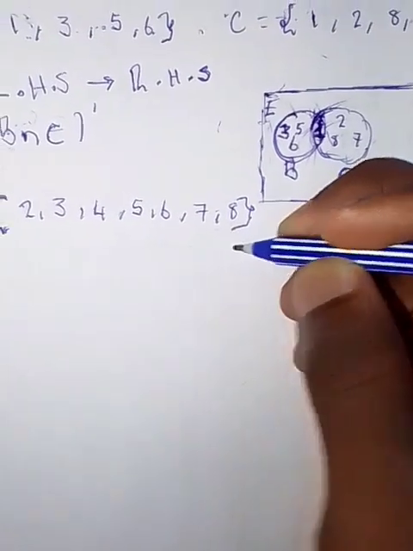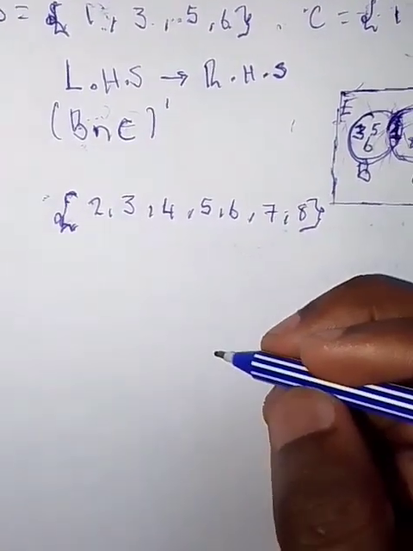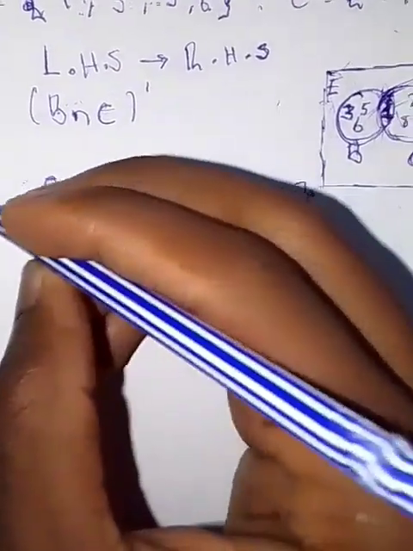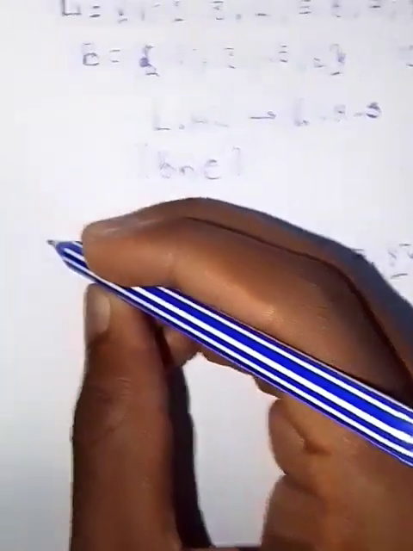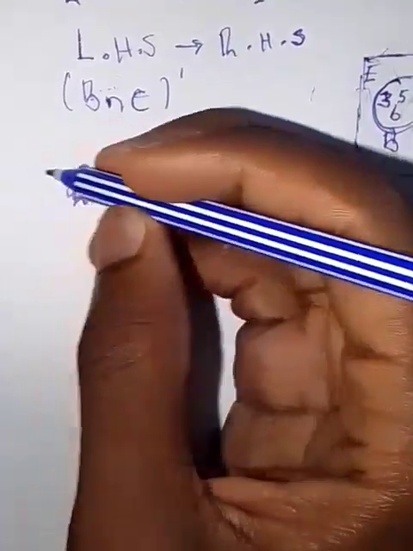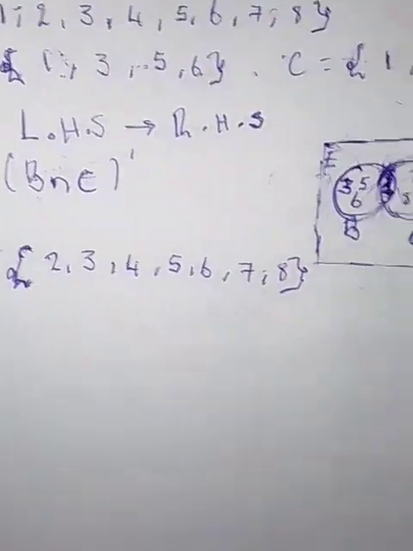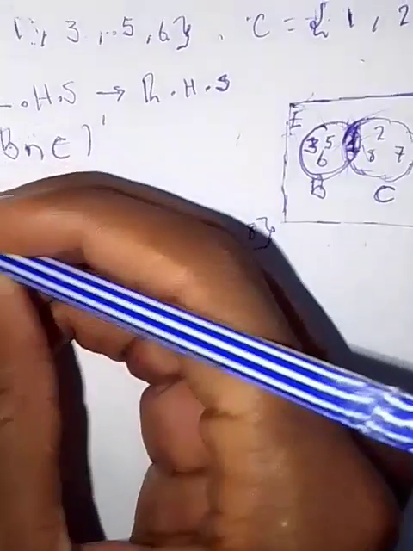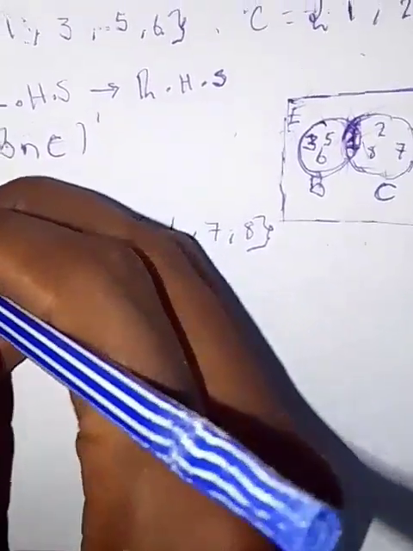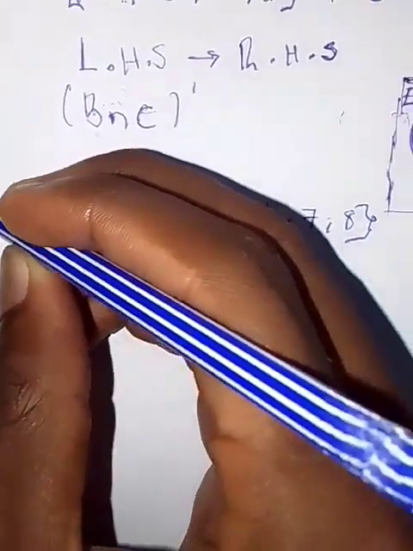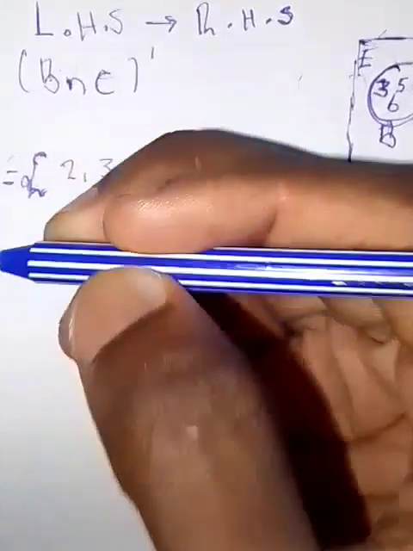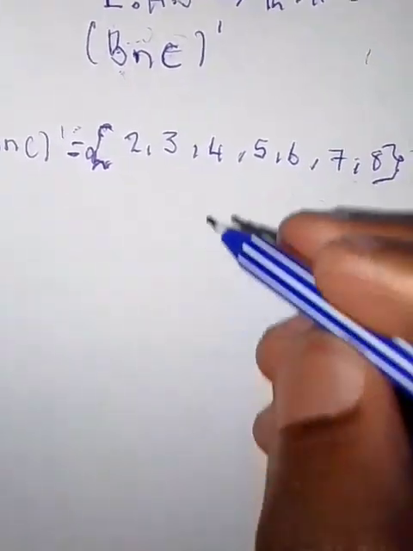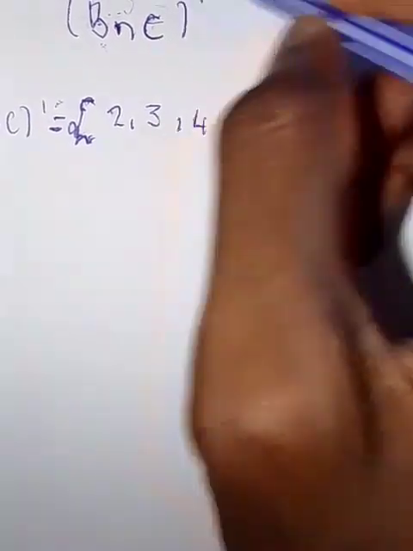So (B intersection C) complement is equal to this. This is just the left hand side.